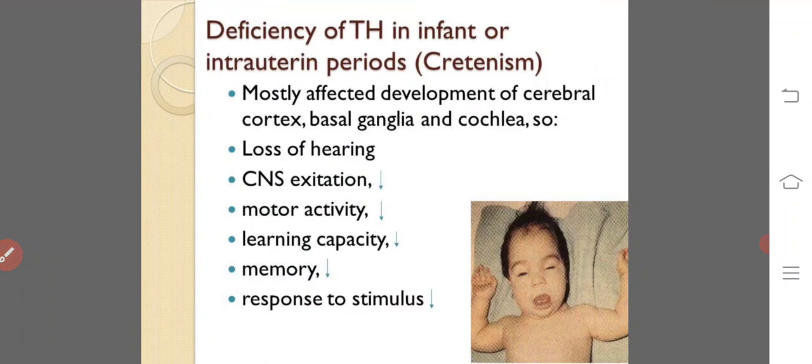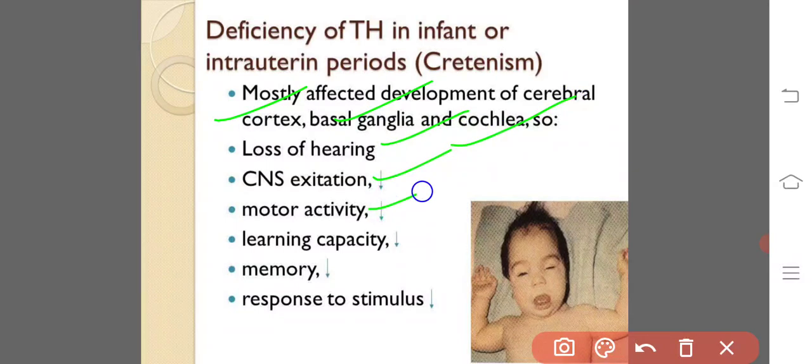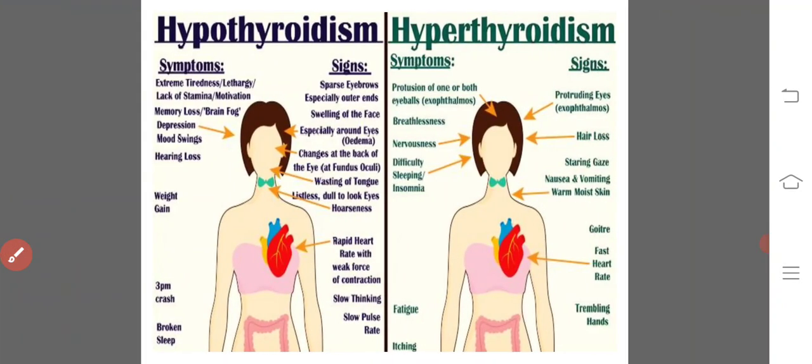Deficiency of the thyroxine hormone in infant or intrauterine periods leads to the cretinism, mostly affecting development of the central nervous system, cerebral cortex, basal ganglia and cochlea-like structures of the ear, loss of hearing, CNS excitation, motor activity, learning capacity, memory, response to stimulus. So there is a loss of all these activities due to the cretinism.